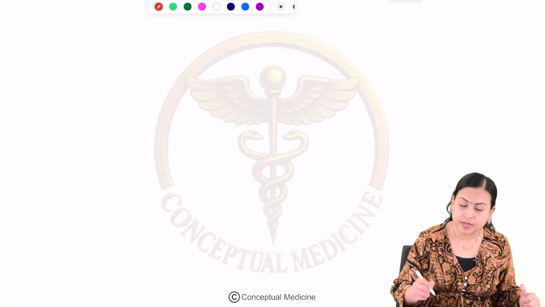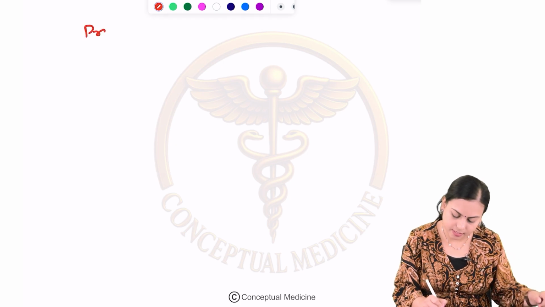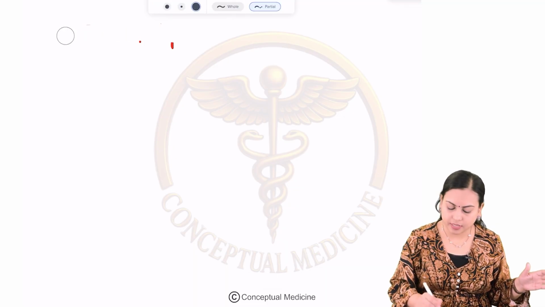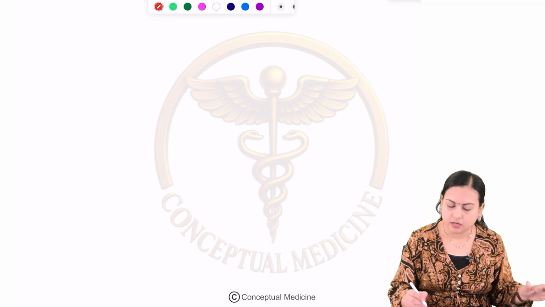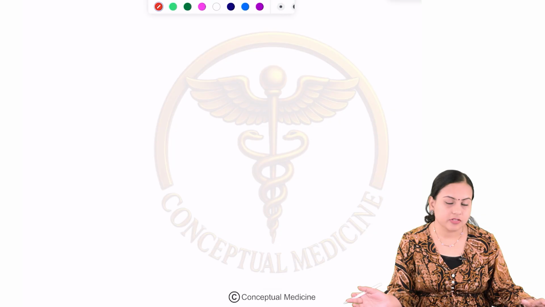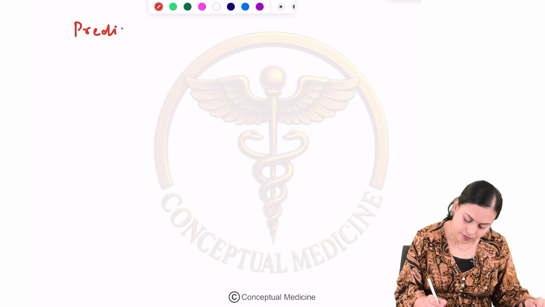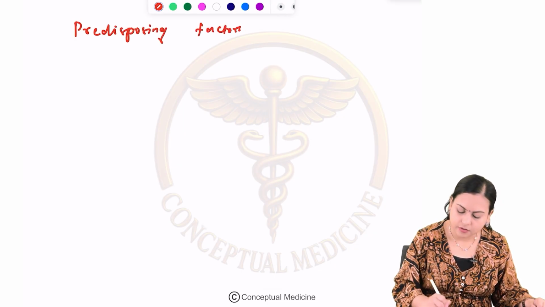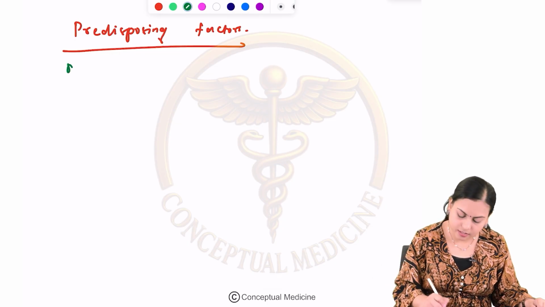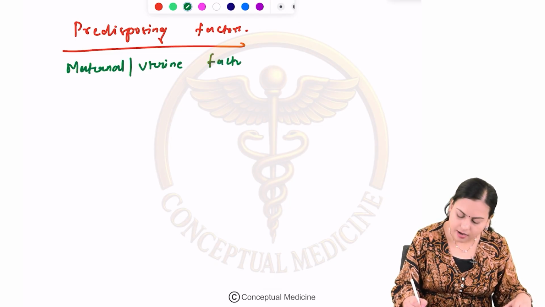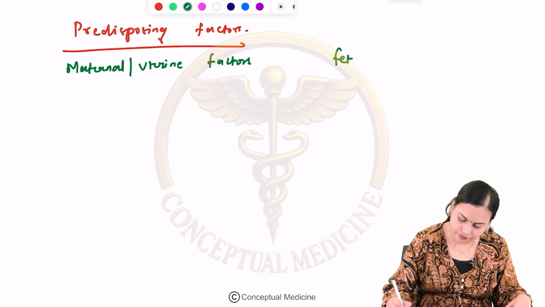Now we'll see what are the predisposing factors for malpresentations in general. When we speak about predisposing factors, we can further classify them as the maternal and uterine factors, as well as the fetal factors.